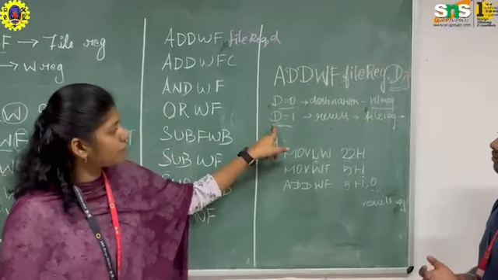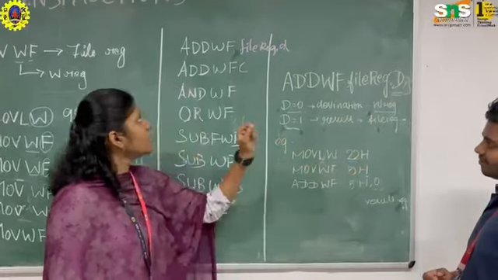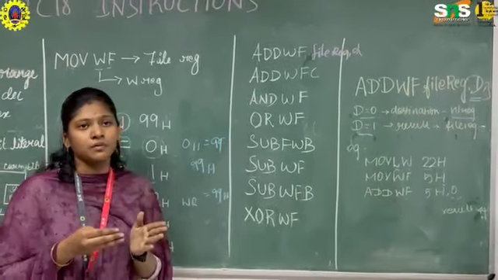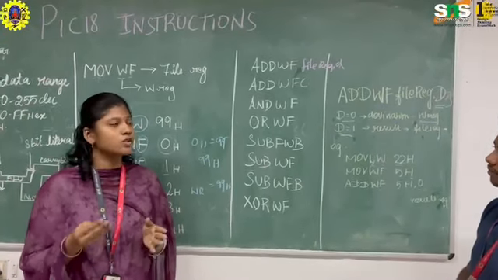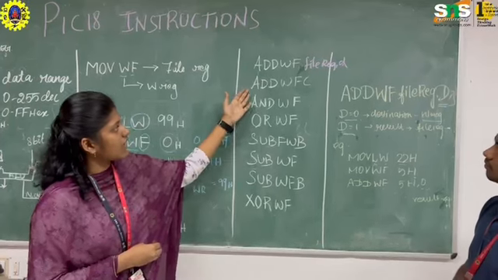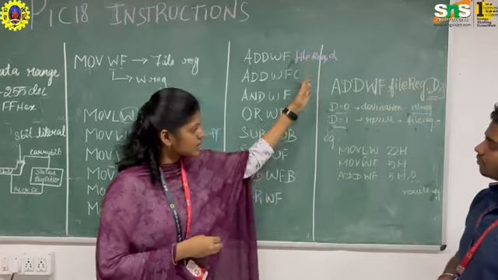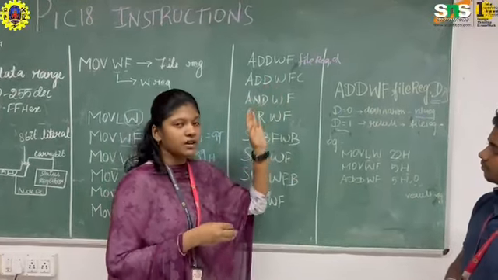If the value of D is equal to 1, the result is stored in the file register. Next, if we add two numbers, the result may carry. So we use the second instruction, ADDWFC. The file register, D is similar for all. So this instruction is for carry.